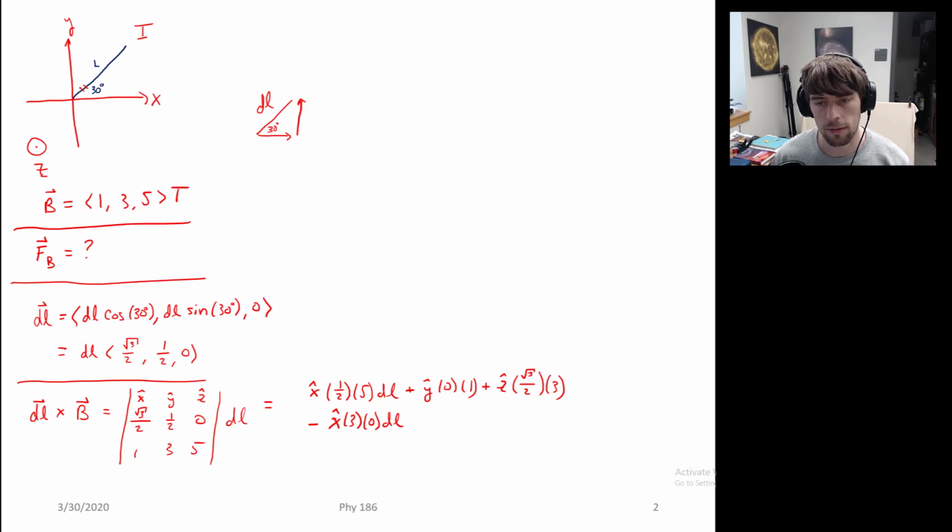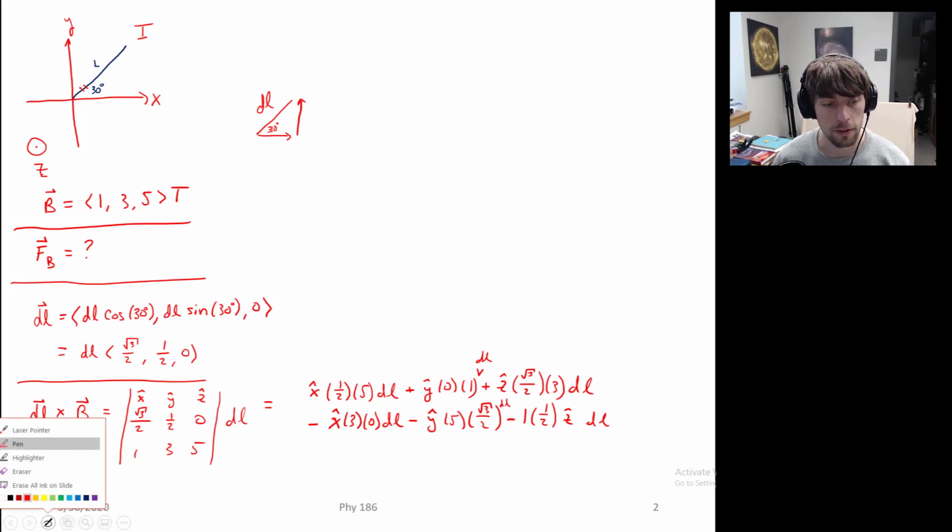Oh, good gravy, I forgot the dl's in here. And then minus 5 root 3 over 2 y hat dl. And then minus 1 times 1/2. Again, I forgot that dl. z hat dl. Well, at least we can get rid of a couple of these. That 0 helps us out. We don't have that component.